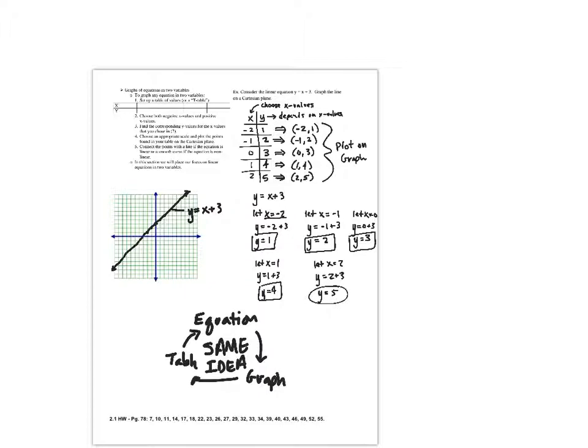So now we've taken these notes. This is kind of a long video because I was explaining a few things on how to take notes. The next step is to take a picture or scan your notes as a PDF and hand that into Canvas. Then I want you to do these problems for homework, at the bottom of the page for 2.1.